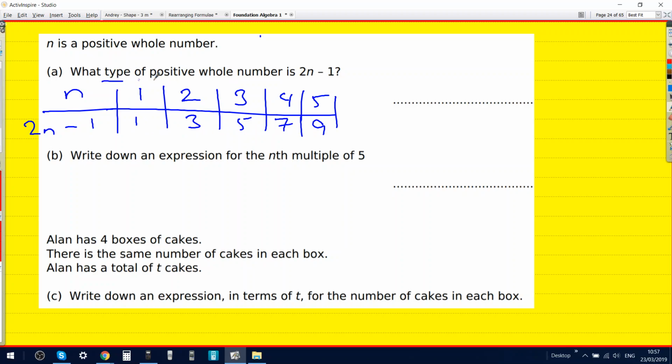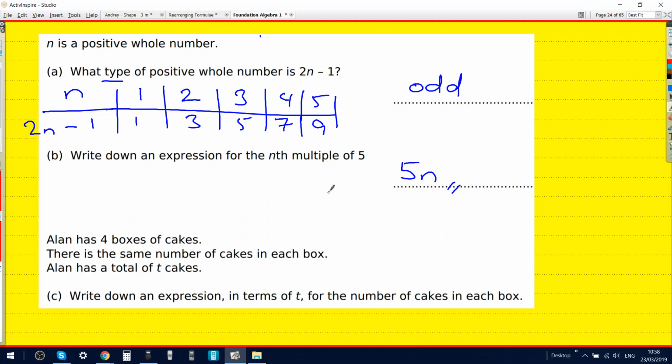Oh, they're odd. Yes. So n is the counting numbers. Do you know what part B means? Write down expression. Oh, so would that be 2 times 5 minus 1? No, totally separate. Oh, would it be 5n? 5n. Yeah.